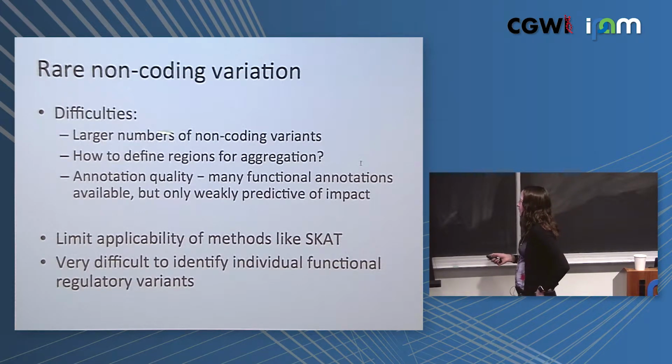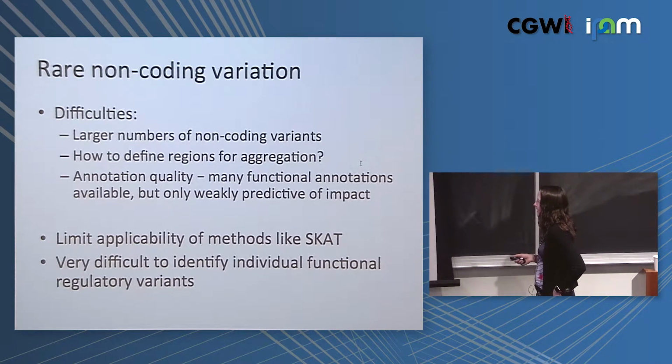So what are some of the difficulties in using these in any of our analyses? There are many more of them. It's unclear, for instance, if we wanted to apply a burden test or a region-based test, how to even define the regions for aggregation. And one of the main problems is the annotation quality. There are lots of functional annotations available for regulatory elements now, but each one is only very, very weakly predictive of impact.